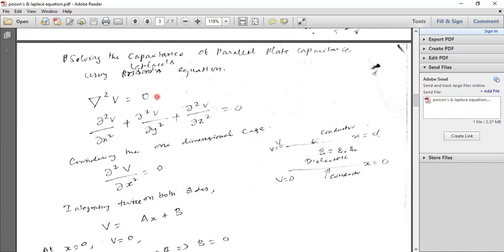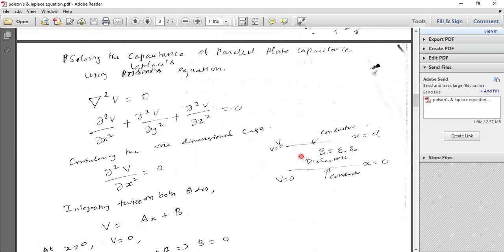So this is Laplace equation, del square V equal to 0, that is dou square V by dou x square plus dou square V by dou y square plus dou square V by dou z square equal to 0. So it is a one-dimensional problem because we are considering the separation between the two plates along the x-axis.